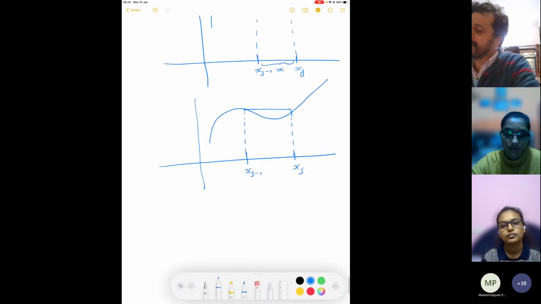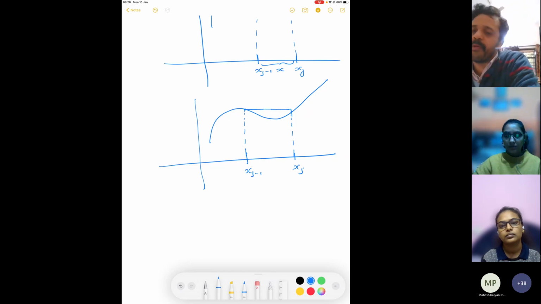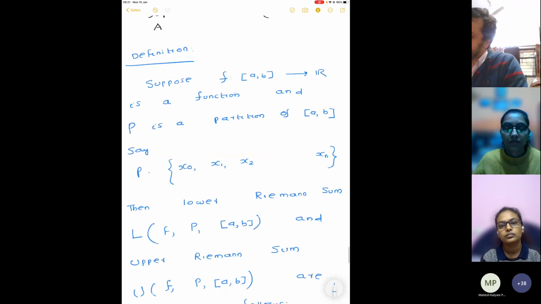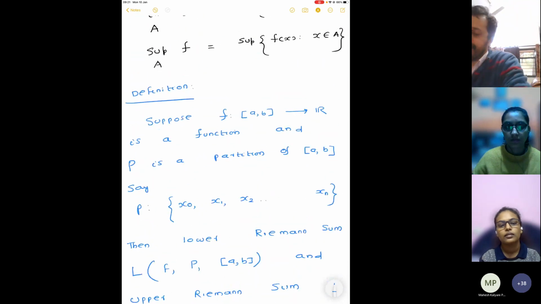Now what you do is, instead of working with a particular partition, you take a partition and refine it. When I say refine it, you take more points, add some more points. So P is this, I consider P dash, and P dash is obtained from P by just adding some points. Okay. And then you compare what happens to the lower Riemann sum and upper Riemann sum.